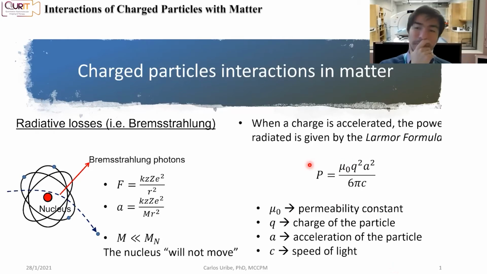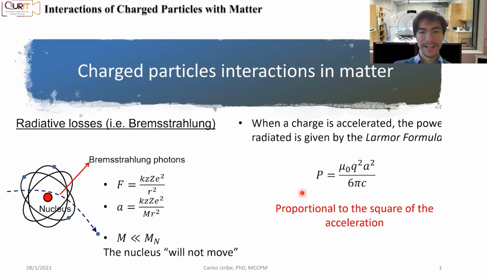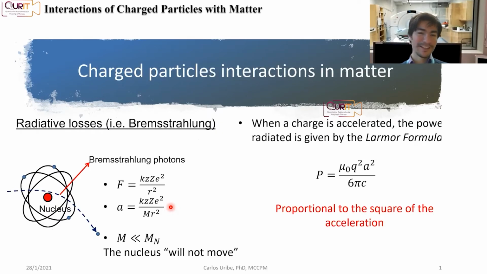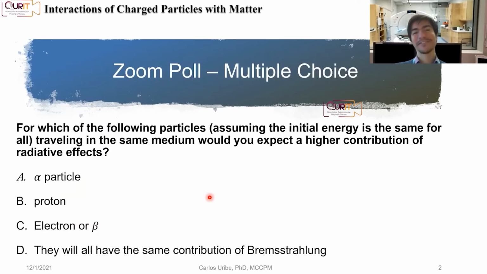So then we see that the power being radiated is basically proportional to the acceleration squared. So we have the acceleration here. We know that the power being radiated is proportional to this square. So again, look at these equations, look at this acceleration, and let's answer this question again.